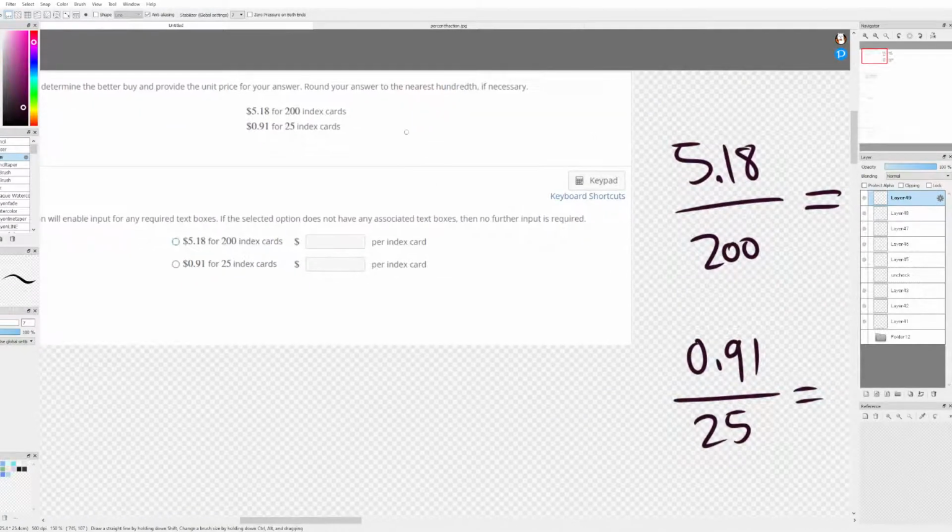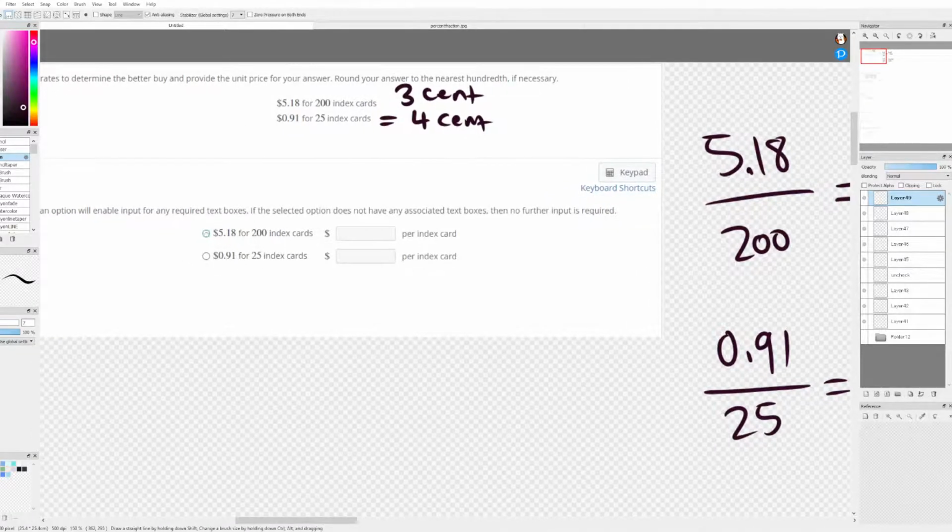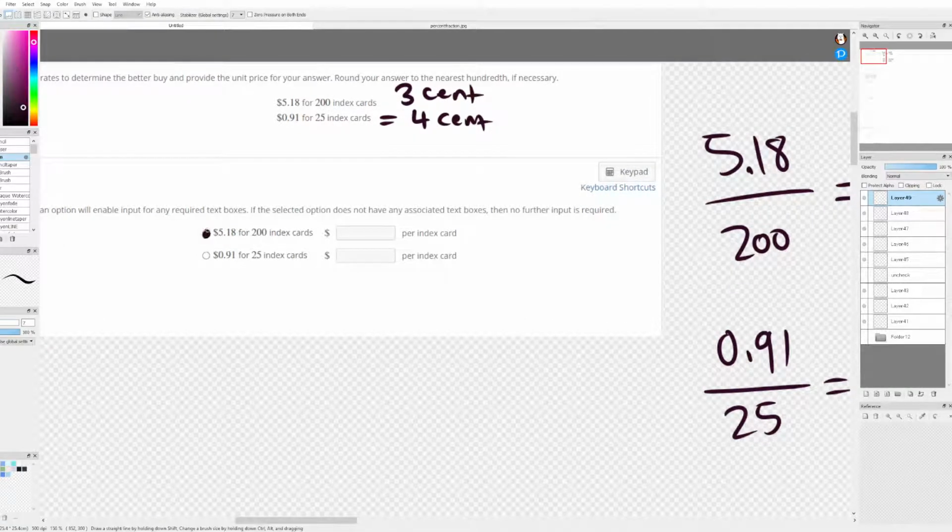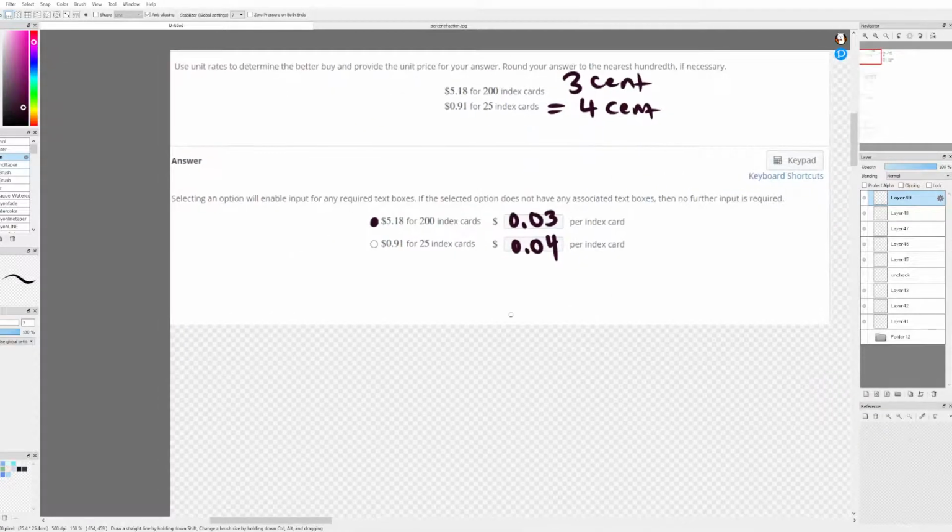So the 91 cents for 25 index cards will give us 4 cents per card, and this one will give us 3 cents per card. So the better buy is going to be the $5.18 version for 200 index cards, and since it's in dollar format, which is what the answer is asking for, we'll do 0.03 and then 0.04, though I'm not sure if you'll need to put that in there.